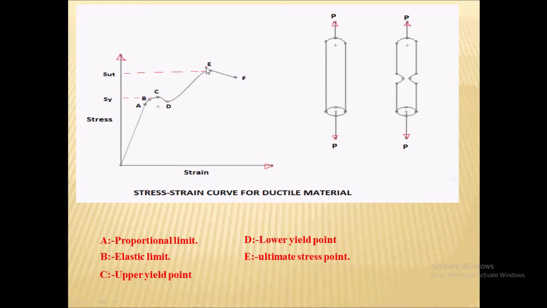In this region from point D to E there is an increase in stress as well as strain, but the increase is not within the proportional limit. At point E necking will start, so neck formation in the material will begin. Because of neck formation, its length will increase and the cross-sectional area will decrease at point E. So at point E the value of stress is called the ultimate stress or ultimate strength.